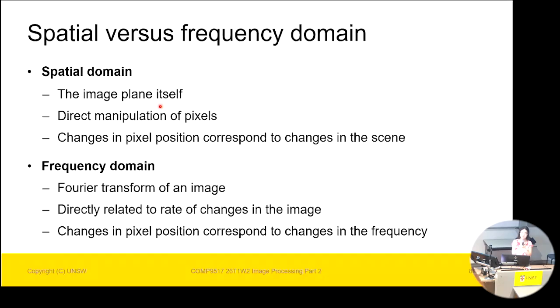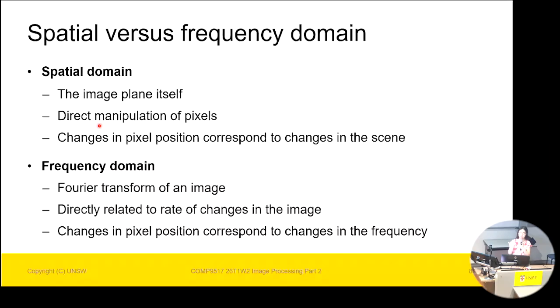And all the previous processing techniques about the spatial domain are direct manipulations on the pixels, depending on how you want to manipulate it, pixel by pixel or neighborhood by neighborhood. But all the operations were done on the 2D matrix or a single pixel.